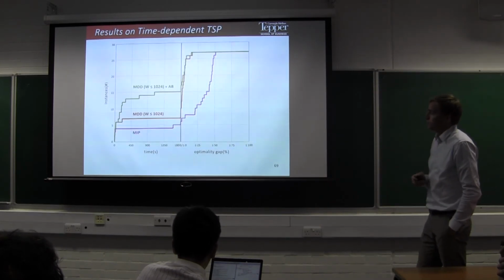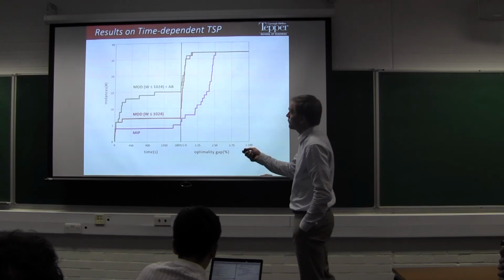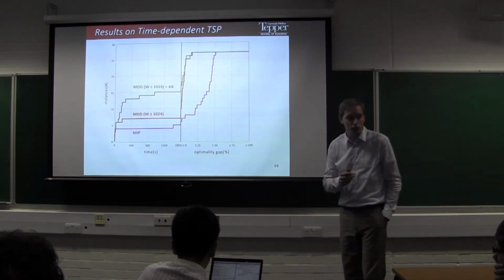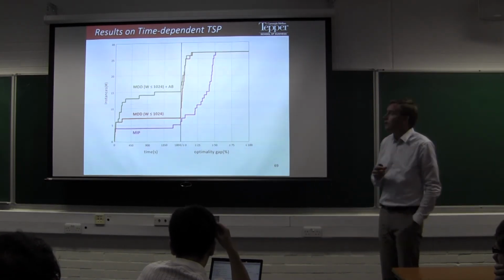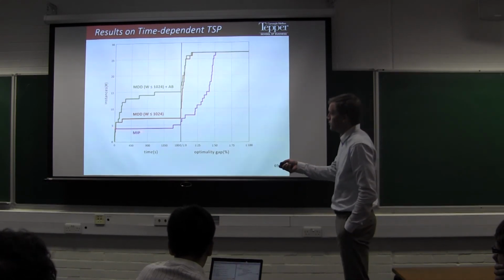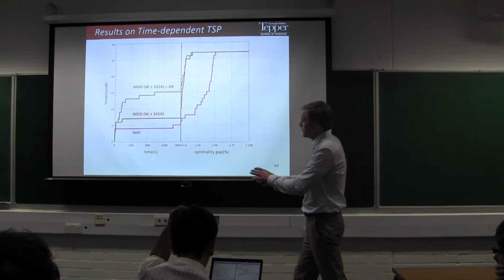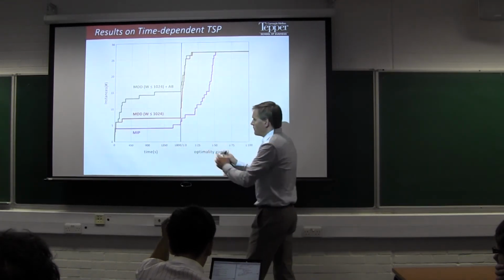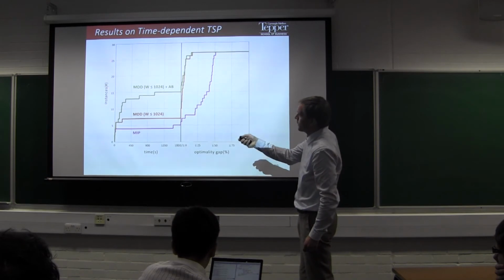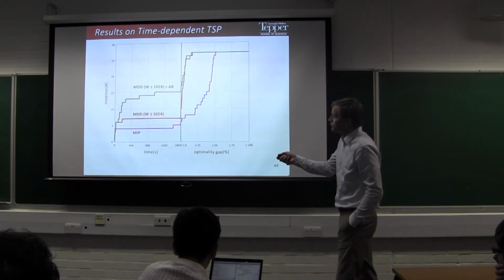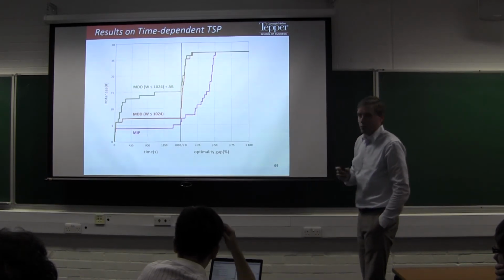So what does it give us? Well, the MIP by itself solves, in the end, 27 instances for which it could find an LP solution. These are two parts of the graph: the time versus number of instances solved, and then the performance plot. Once you run out of time, what's your gap?